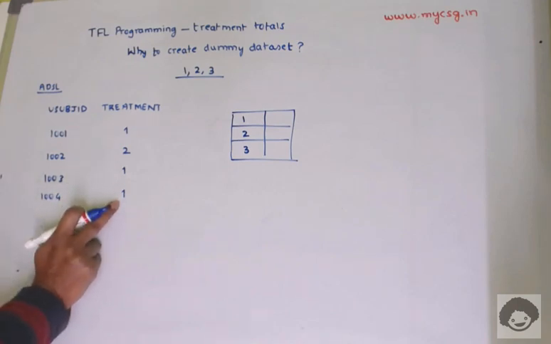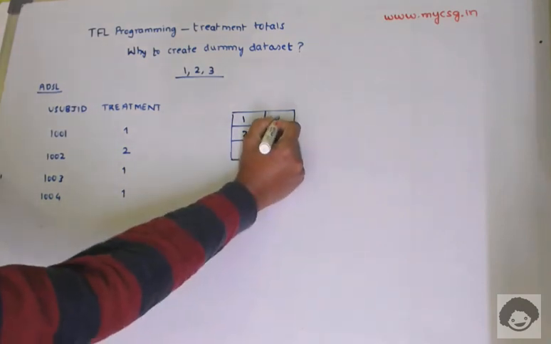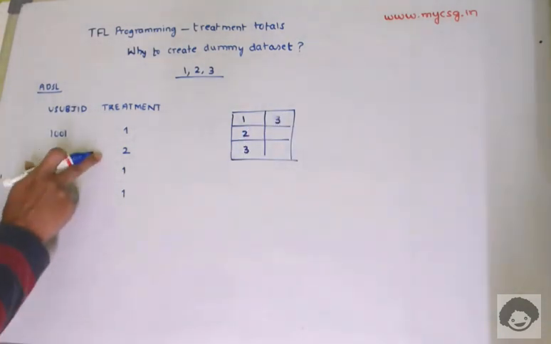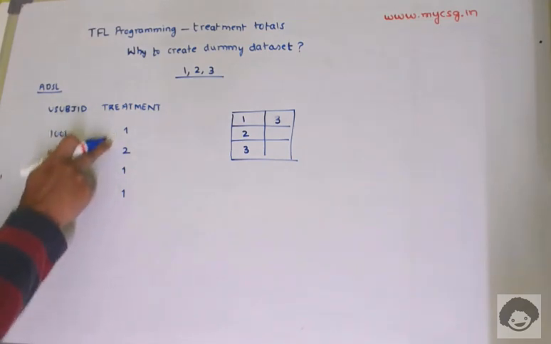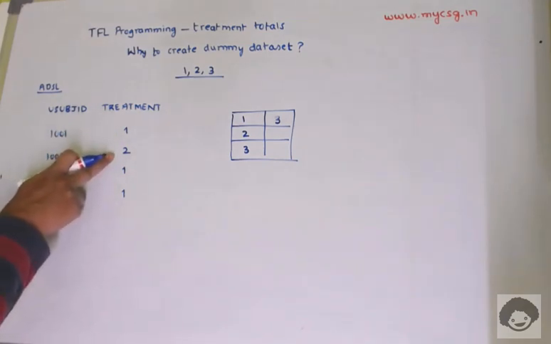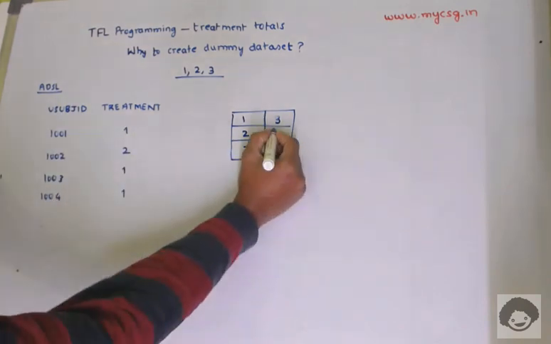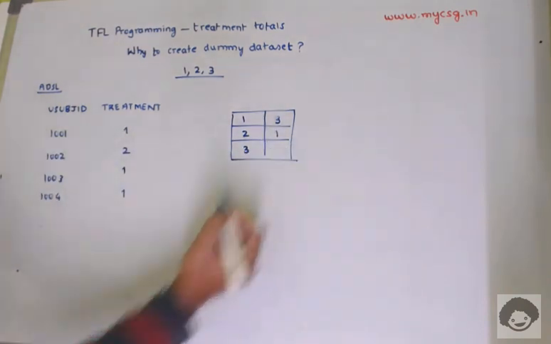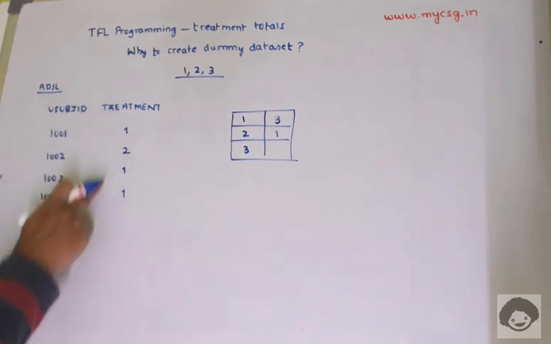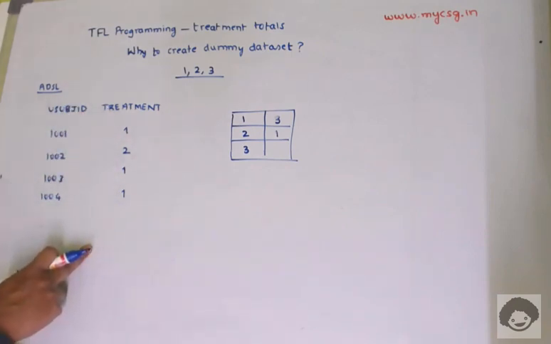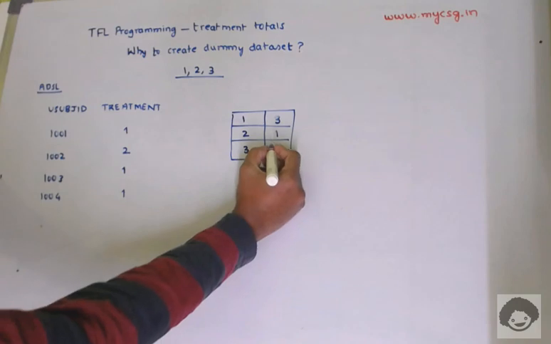So there are 3 subjects in treatment 1. Now let's count for treatment 2. Out of all the 4 records we have, there is only one record with a value of 2 in the treatment variable, so we have 1 in treatment 2. Do we have any records in this data set with a value of 3 in the treatment variable? No. So we will have to report it as 0.